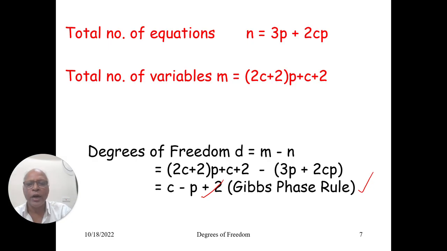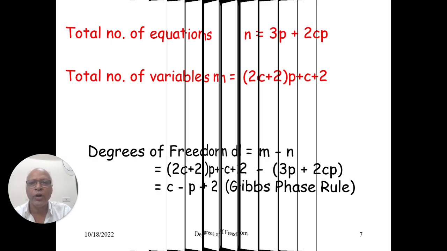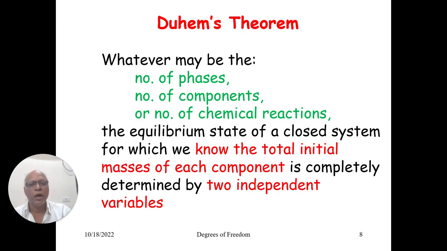Now let us try to identify the degrees of freedom for a stream. This is going to be based on Gibbs-Duhem's equation or Duhem's theorem, which says whatever may be the number of phases, whatever may be the number of components, whatever may be the number of chemical reactions that are taking part, you will be able to determine the equilibrium state of a closed system for which we know the total initial masses of each component.